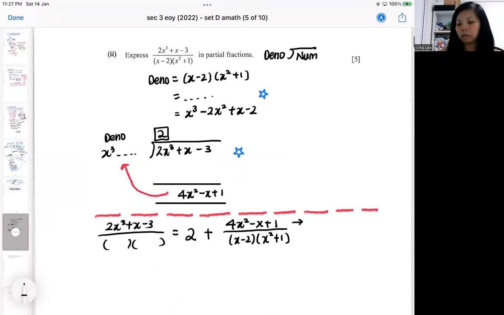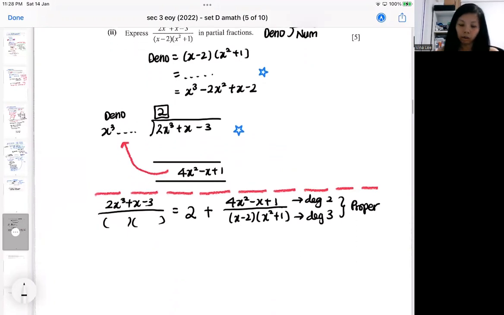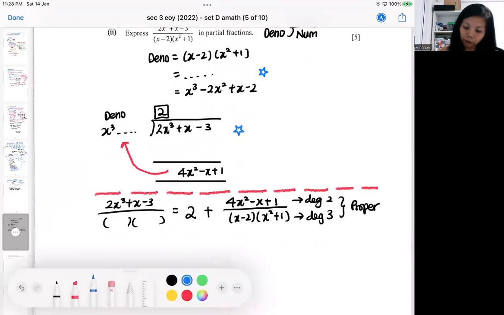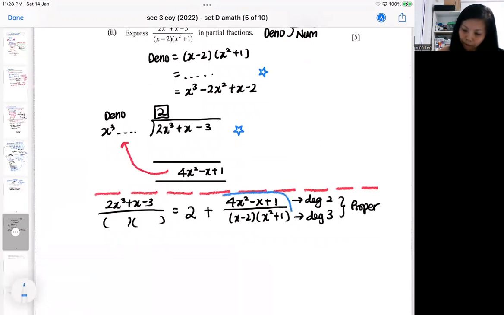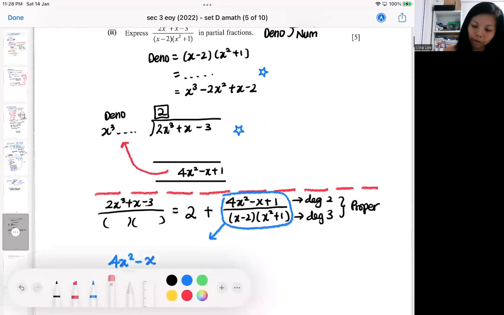You check, this is a degree 2 and this is a degree 3, so it actually becomes a proper fraction. So here comes the proper fraction. With the proper fraction, then you apply your case 3.